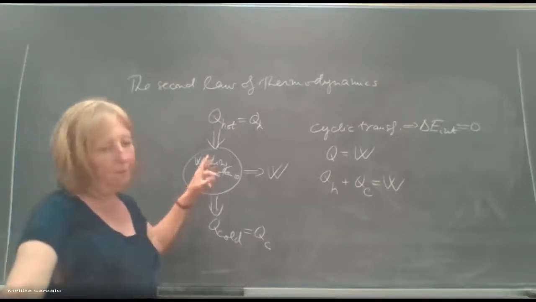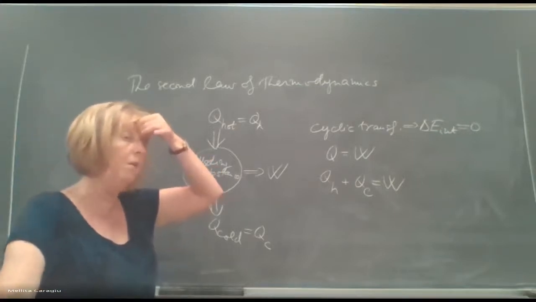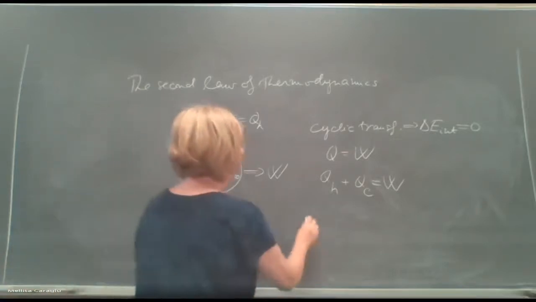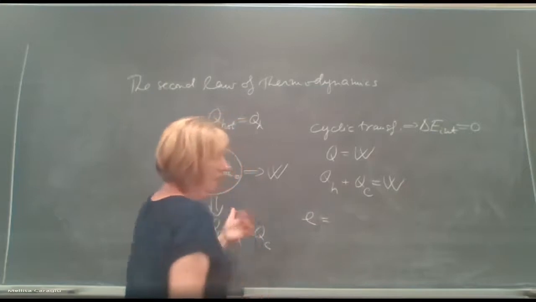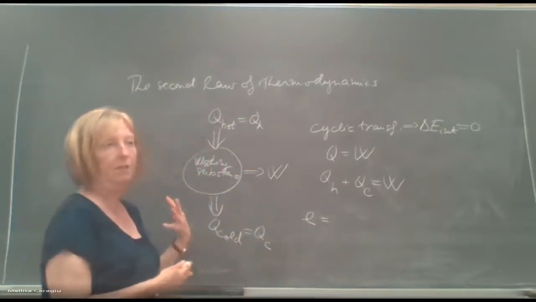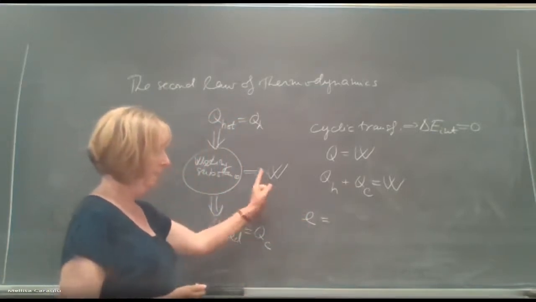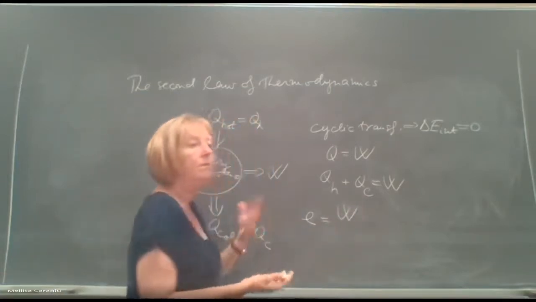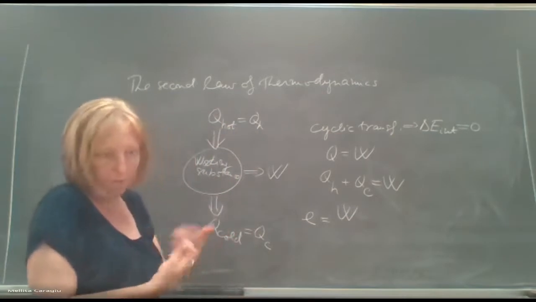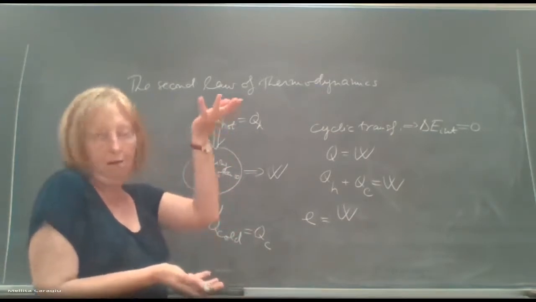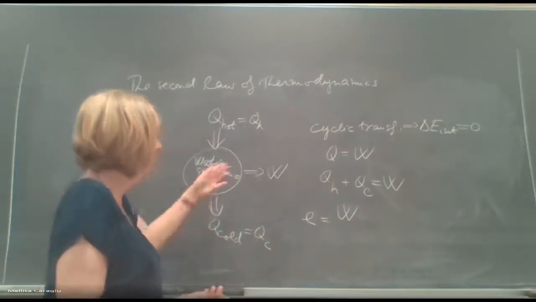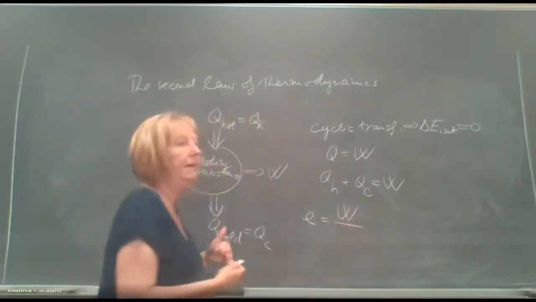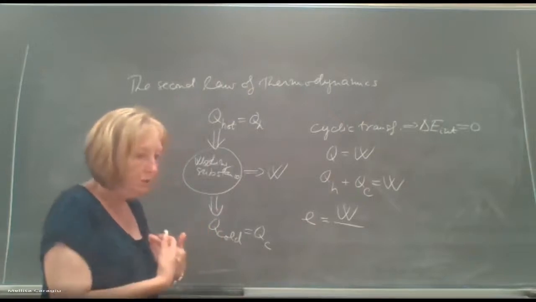The most important thing for a heat engine is its efficiency. Efficiency of a heat engine is defined as work done by the working substance, because that's the plus for a human being when the piston goes up, divided by how much energy you've input.